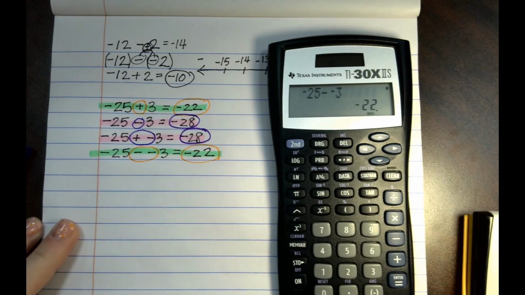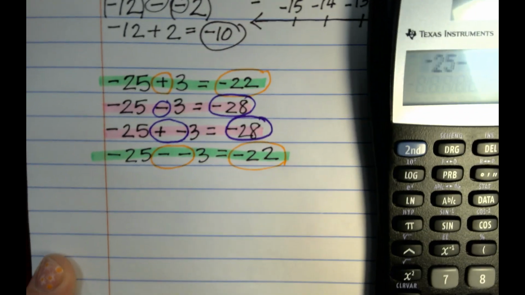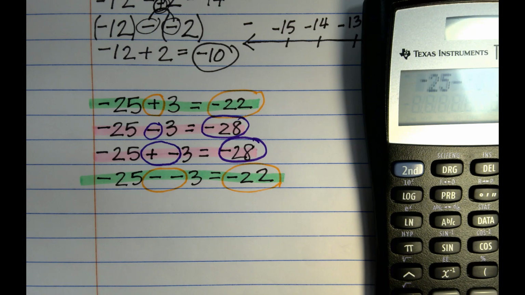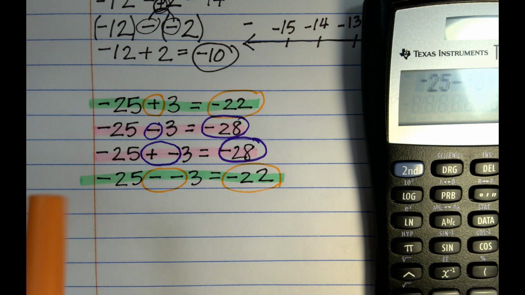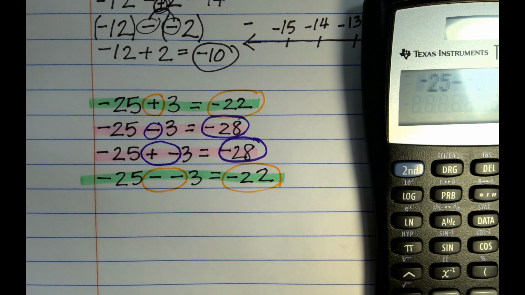So look at the pattern here. Let me put this in a little closer. You see what's happening here? Let me see if I can simplify this. Let's do the adding.